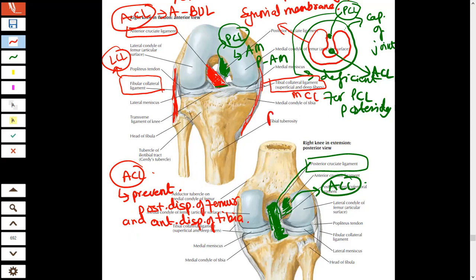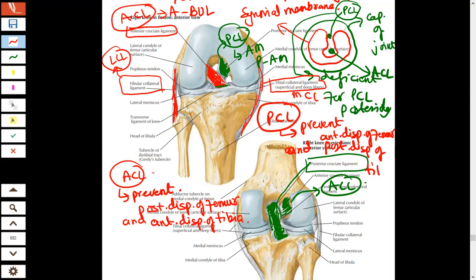But when you are writing the PCL, change it completely. PCL will do what? It will prevent anterior displacement of femur and posterior displacement of tibia. Okay?